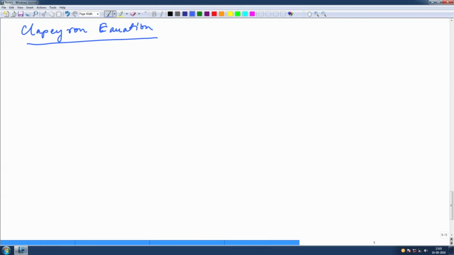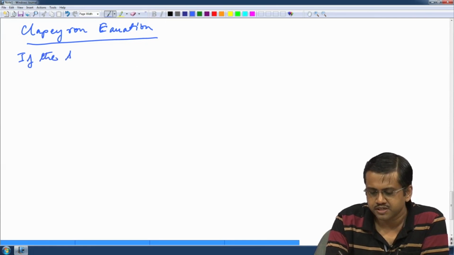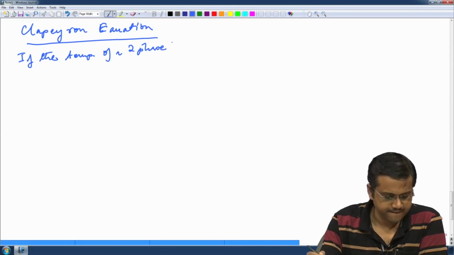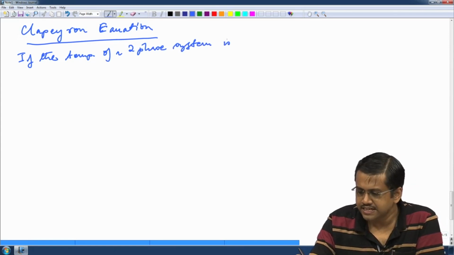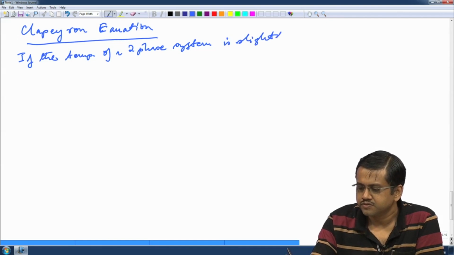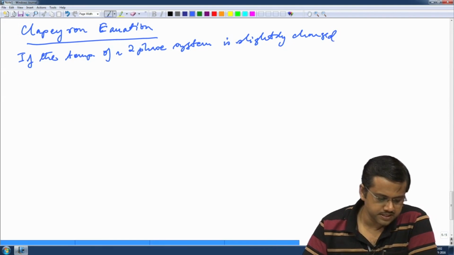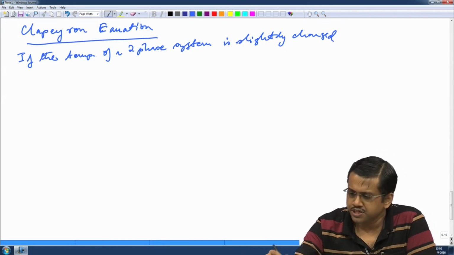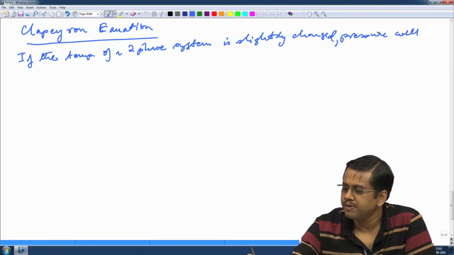Now, in the Clapeyron equation, let us put the statement: if the temperature of a two phase system is slightly changed, that means the systems were in equilibrium, the temperature is slightly changed, the pressure will obviously be affected.